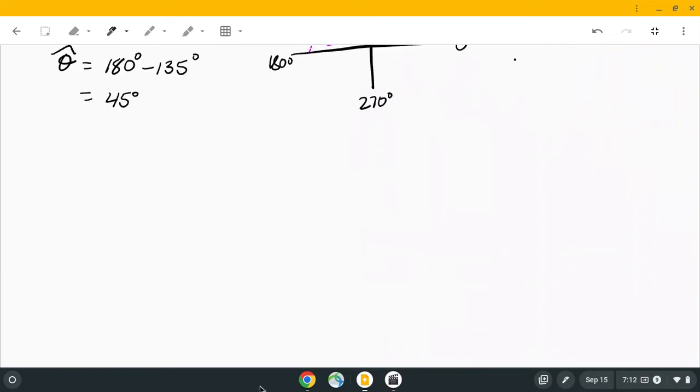Okay, let's take a look at another example. We're not going to go into evaluating these just yet. Let's just practice looking at how to find them. Suppose that theta is negative 140 degrees.